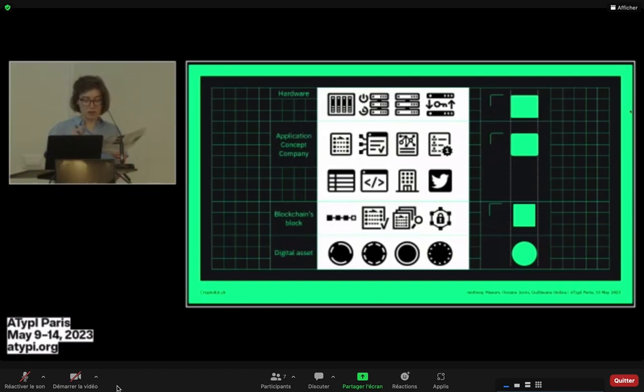I use only different styles of outline stroke so that we can differentiate the different kinds of objects that circulate on the blockchain: NFT, cryptocurrency, or money. Or also you can see, for example, the blockchain's block. I use the square angles to differentiate it from the other square shapes that I use in the typeface.